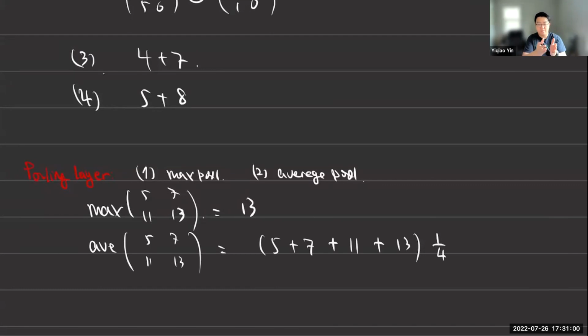Here you have 4 numbers, so what's the average of 4 numbers? You add them together and divide by 4. Okay? So 5 plus 7 is 12, then that gives you 24, and then 36. So this is 36 divided by 4, and then it's going to be 9.